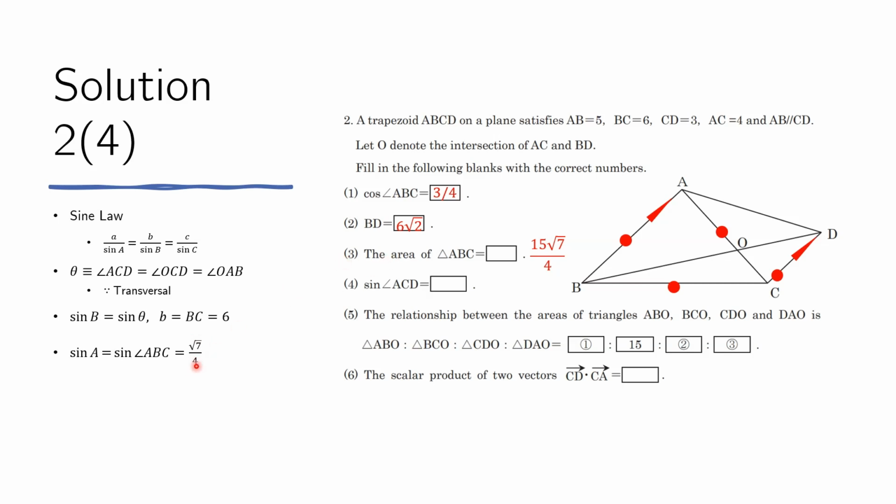And then lastly, AC, which we already know to be 4. So we just plug in these values into the first two parts of the series of equalities here, and we can actually get the value for sine B. So let's do that. So here we just plugged in the values, and the unknown is only sine B, and we just manipulate that a bit, and we get 3/8 times square root of 7.